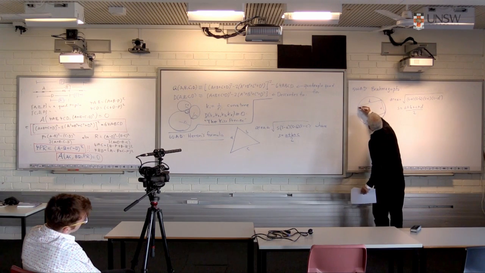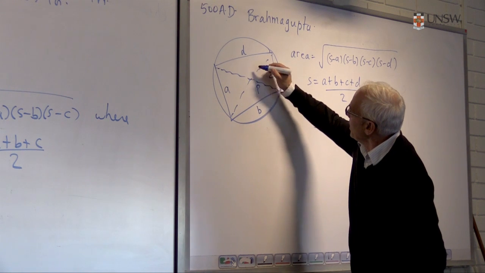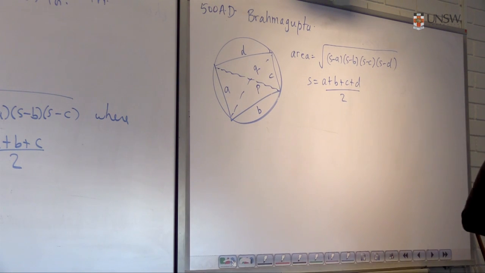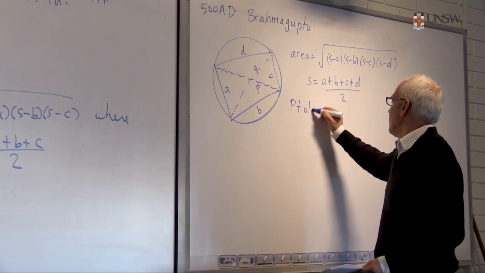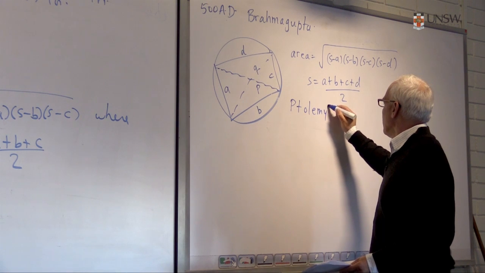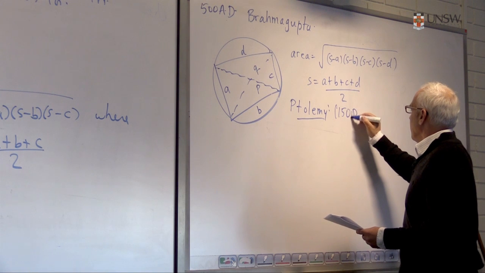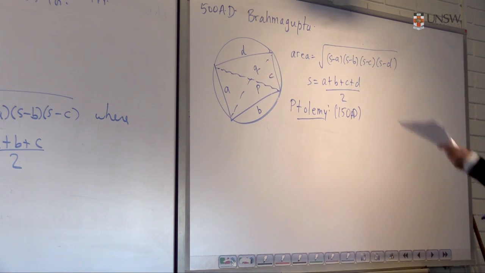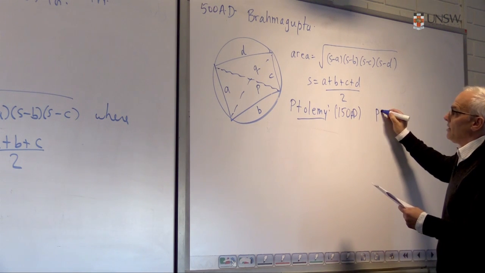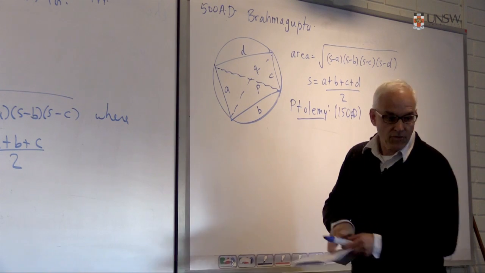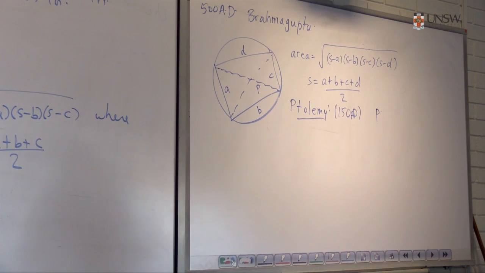We should also draw the diagonals and look at their lengths, which we'll call little p and little q. So there's another famous formula of antiquity, Ptolemy's theorem. Ptolemy, about 150 AD, also in terms of the cyclic quadrilateral, showed that P times R equals A times C plus B times D. Let me not use Q, but rather R, because Q has more meanings.